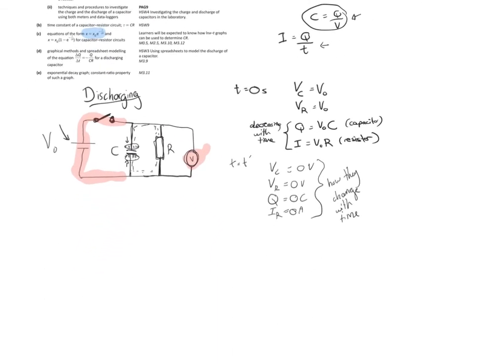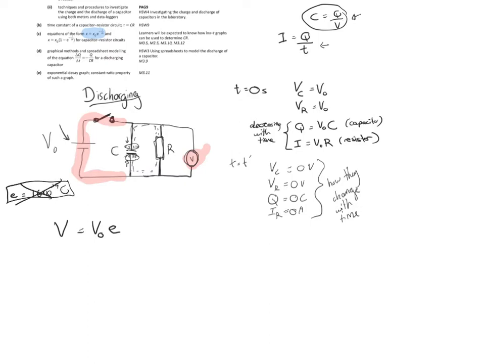So in other words, what you have is the voltage across the capacitor at a specific point in time is equal to the initial voltage that you started with times e, which is an exponential function. Do not confuse it with elementary charge here. Remember, we said the charge of an electron or a proton is based on the elementary charge of 1.6 times 10 to the minus 19 coulombs. Well, don't confuse it with this. This is not what this e stands for.